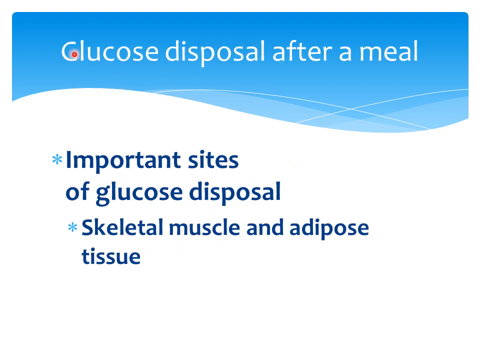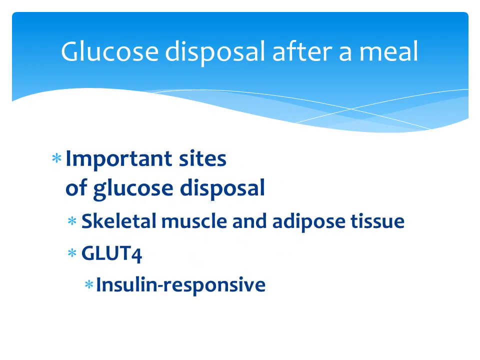There is a tendency for the blood glucose to rise after a high carbohydrate meal. This tendency is prevented by insulin by facilitating the entry of glucose into skeletal muscle and adipose tissue. Insulin causes the disposal of glucose after a meal by causing the entry of glucose into skeletal muscle and adipose tissue.